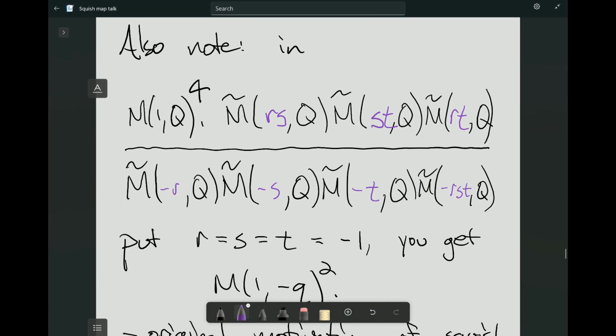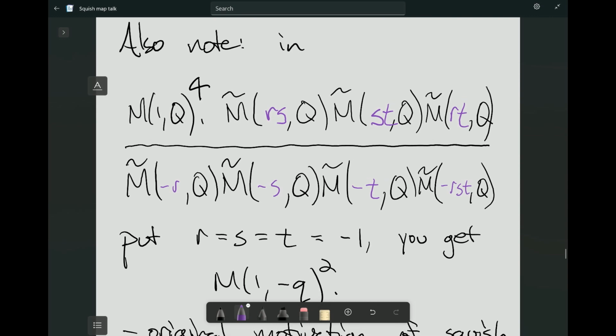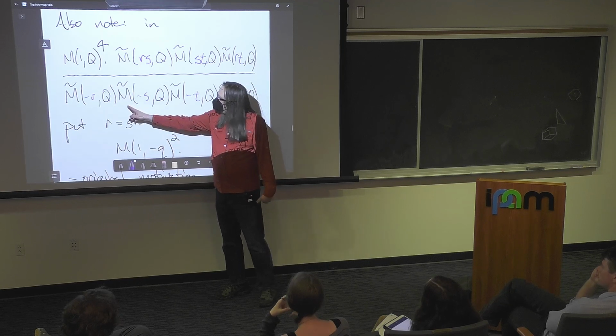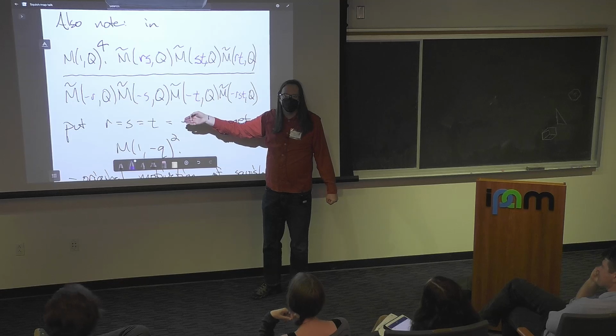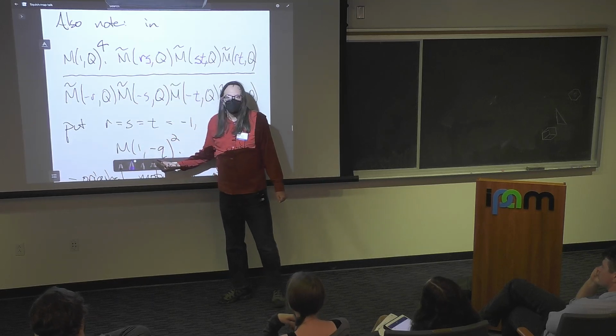So another thing you could note from this formula, this was the original motivation for thinking about this squish map. If you put the extra variables to be -1, then actually stuff just cancels out of the numerator and denominator in the obvious way. The only thing that doesn't cancel is 2 copies of the MacMahon function.